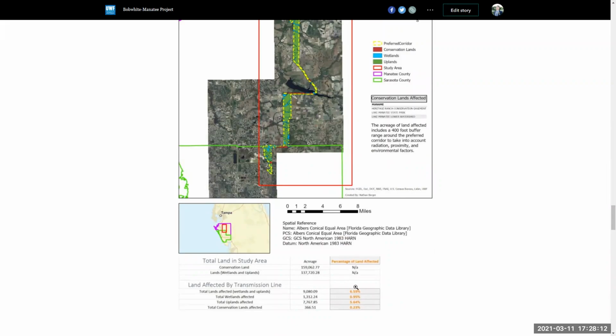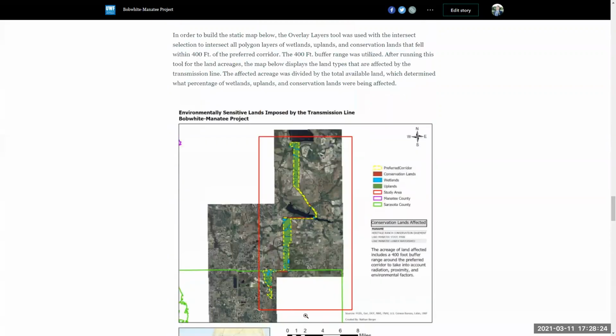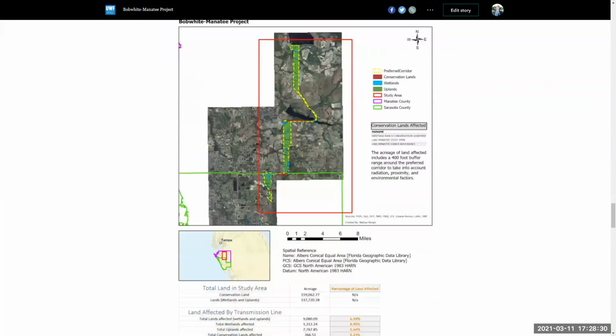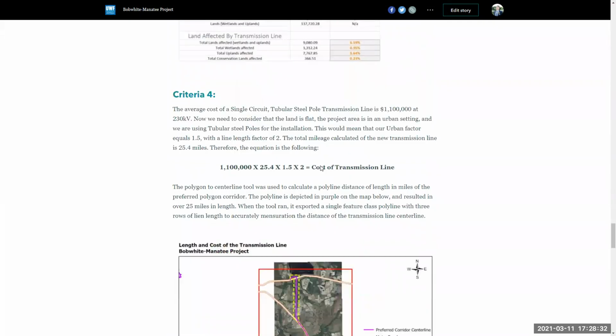And then again, I divided it by these totals here, which is the total conservation land for Manatee and Sarasota County, and then the total lands, wetlands and uplands of just the NWI study area, which is within this study area red polygon. So the fourth criteria, this one was very straightforward.